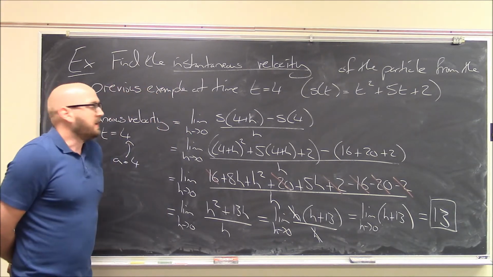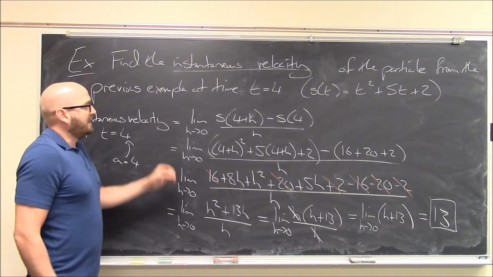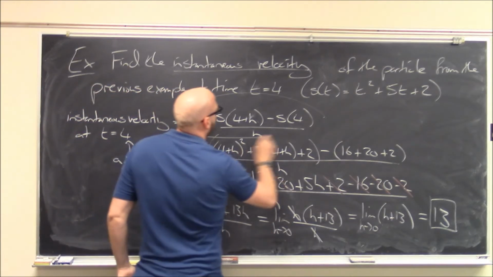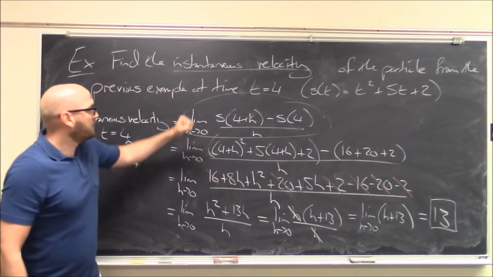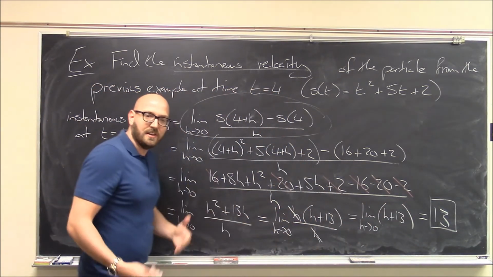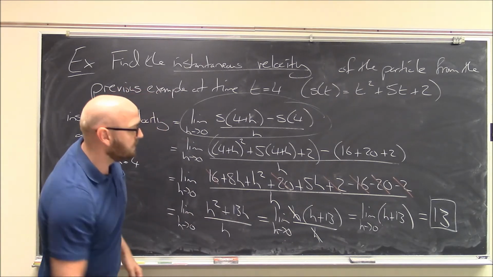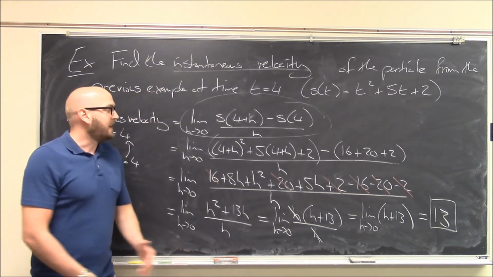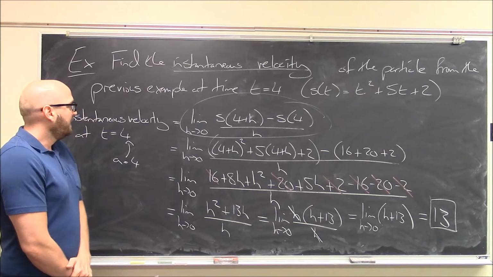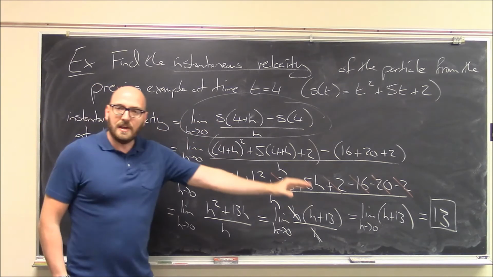This is why you need to be good at algebra, right? The calculus is just this definition. That's all that the calculus is. Everything else, going from here down to here, that's all algebra in between, right? And it's why you need to have good algebra skills in a calculus class. The good news is that this is a very long-winded way of getting this answer.